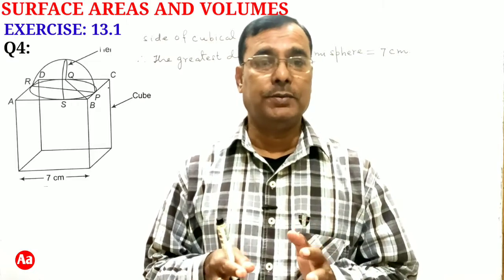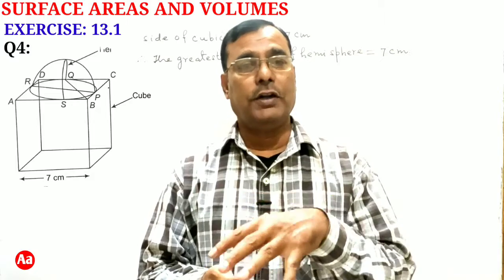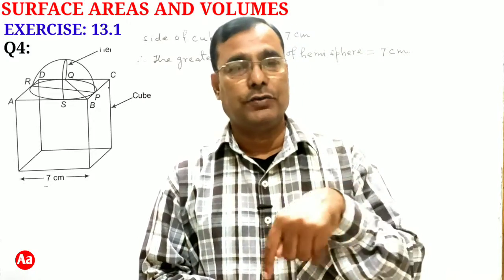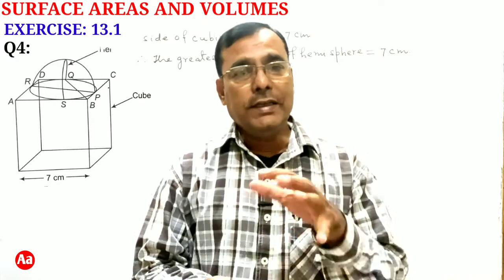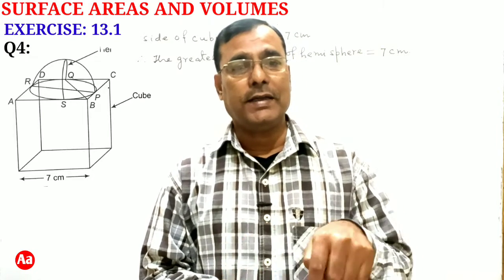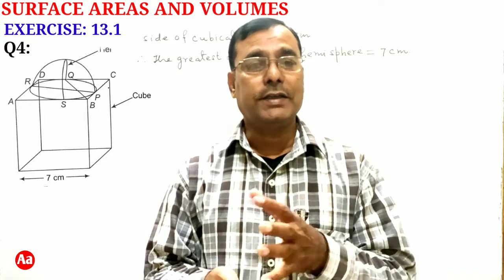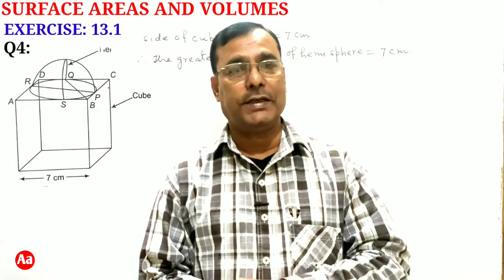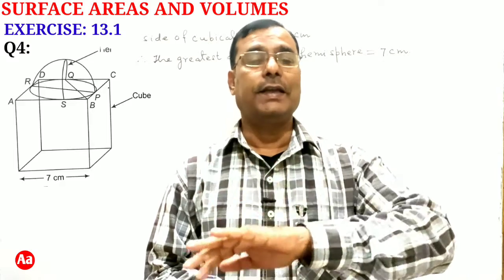Once again, listen to me. When we keep a hemisphere on one face of a cubical block, the pi r square circular area is covered by the hemisphere, and in place of that the curved surface area of the hemisphere is created.